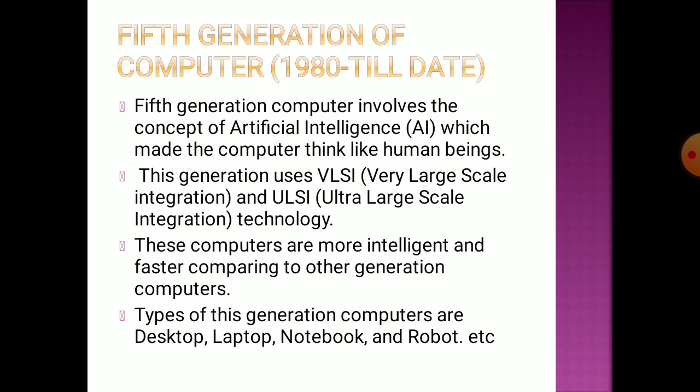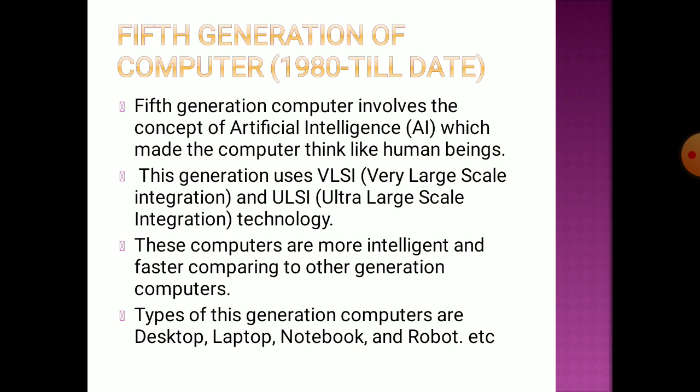So what we do is make computers think like human beings through software and coding. That is called artificial intelligence. In this generation of computers, we used VLSI and ULSI. VLSI means very large scale integration, that is ICs, and ULSI stands for ultra large scale ICs.